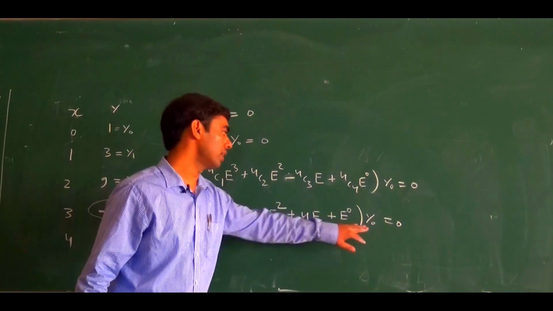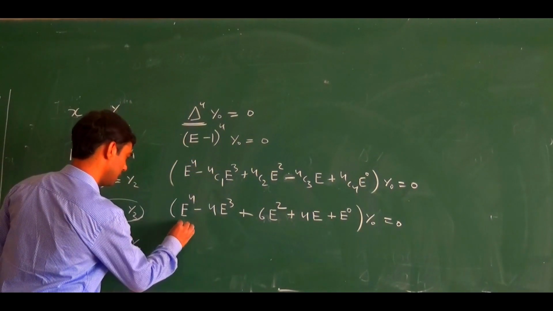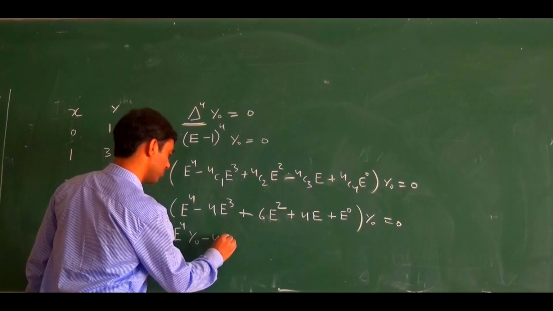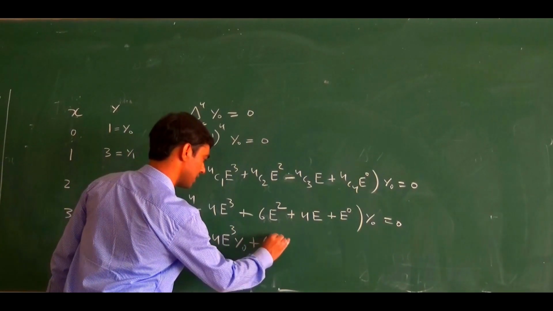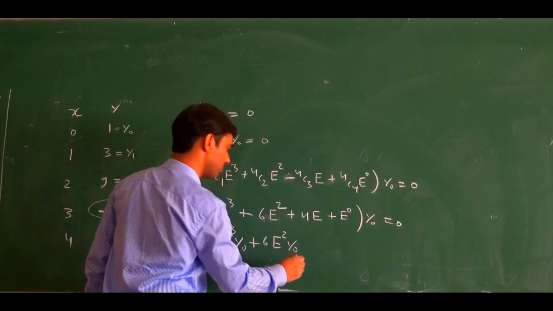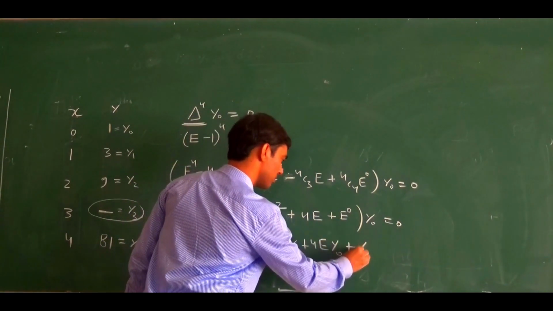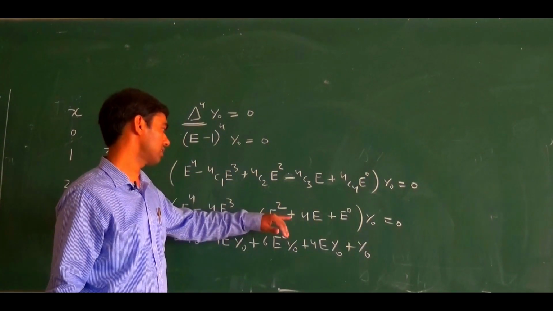Now we operate this on y0: E to the power 4 y0 minus 4 E cube y0 plus 6 E square y0 minus 4 E y0 plus y0.